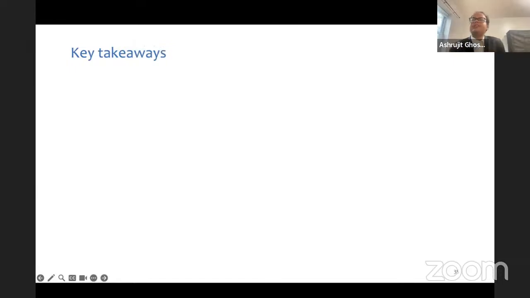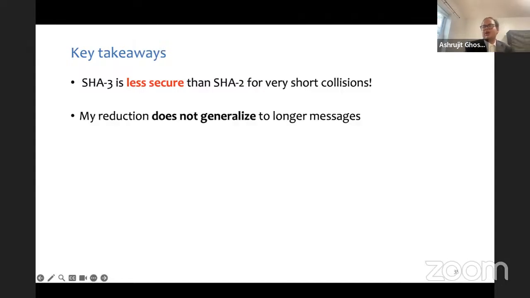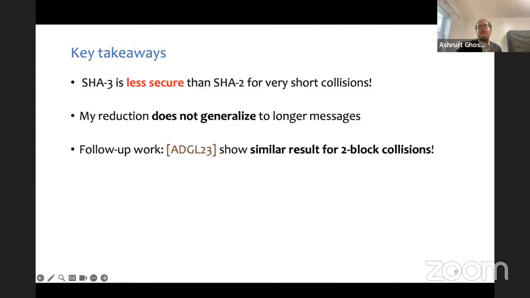So with that, I'll quickly summarize the key takeaways of my contributions to this line of work before moving on. The main takeaway is that SHA-3 is less secure than SHA-2 for very short collisions, even though the former was supposed to be an improvement. The reduction that I gave does not generalize beyond one-block messages, but there's been a follow-up work published at TCC last year that shows even for two-block collisions, SHA-3 is less secure than SHA-2, but uses very different techniques.